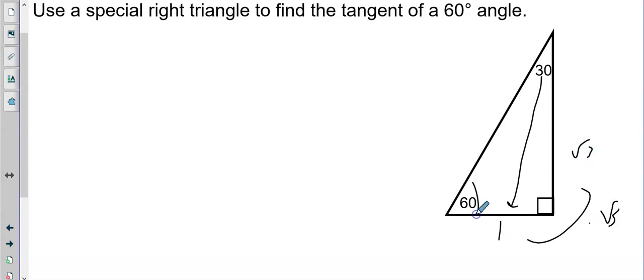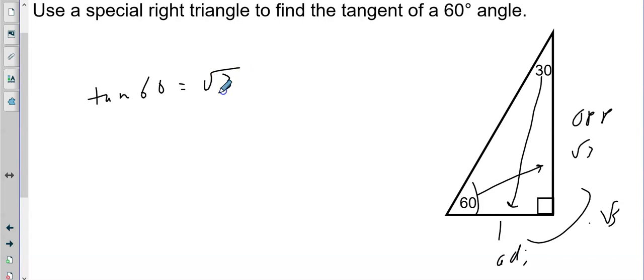Now, from 60, I have my opposite and I have my adjacent. So I do tangent of 60 equals opposite over adjacent. So the tangent of a 60-degree angle is simply equal to the square root of 3.